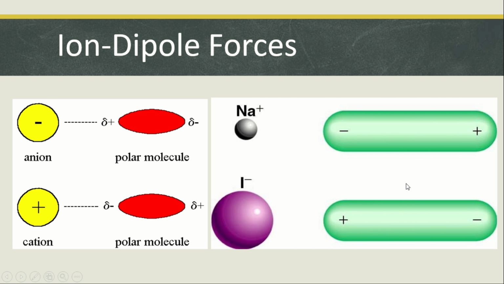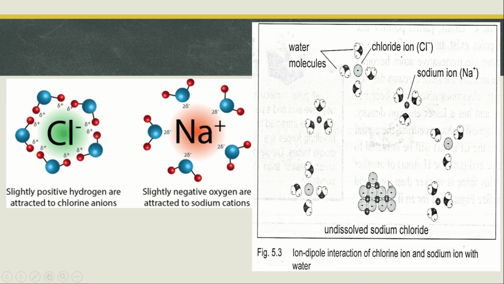As I have said a while ago, sodium chloride, also known as salt, when dissolved in water, will dissociate. So meaning, maghihiwalay si sodium at si chlorine, forming the sodium ion and the chloride ion. So these ions will be attracted to the water molecules. Like this one, as we have seen here, chloride is negatively charged.